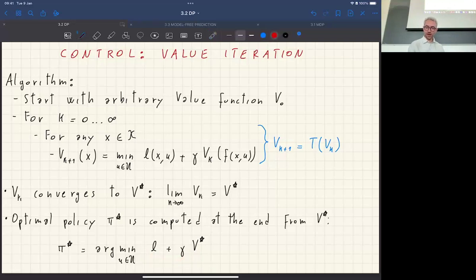So I didn't write it, but this will be V star of the next state. So if I write the dependencies, we have a dependency on the dynamics, so we need to know it. But this is dynamic programming, so it's kind of optimal control, and the dynamics is known.